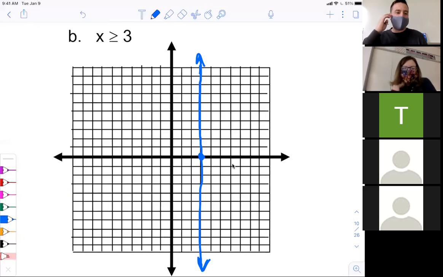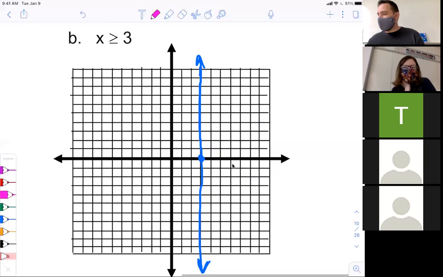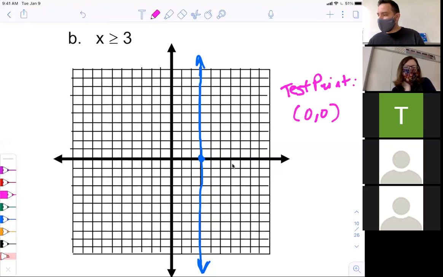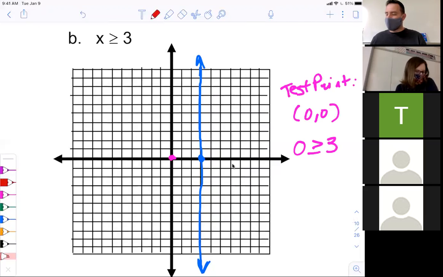And then we pick a test point. Again, use the easiest test point you can think of. A good test point is typically 0, 0, but not always. So let's use 0, 0. Is 0 greater than or equal to 3? 0 greater than 3?